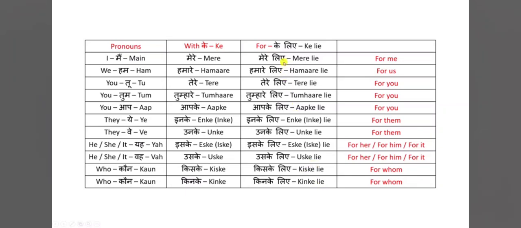Alright? So this is with pronouns. Once again, take a screenshot or write it down, or if you have a printout, then you can refer to this while framing sentences. Okay? So this is about for.